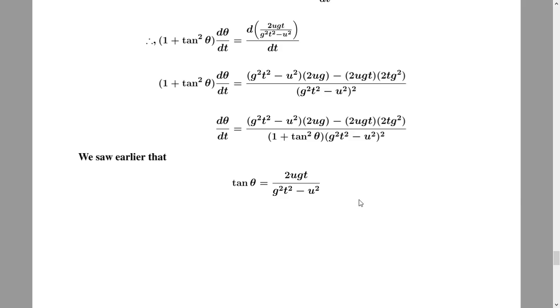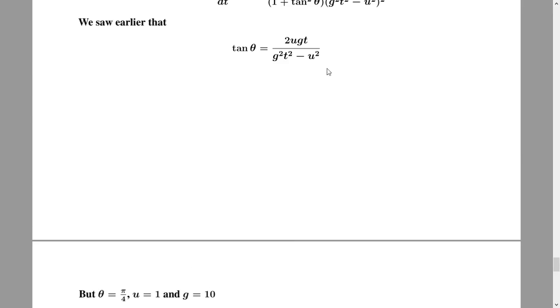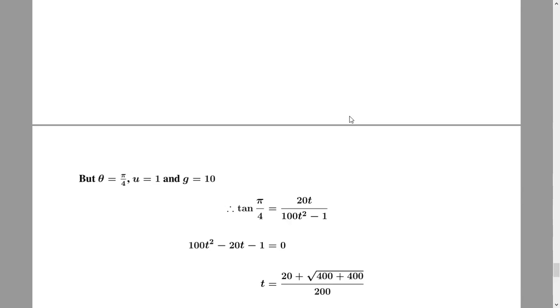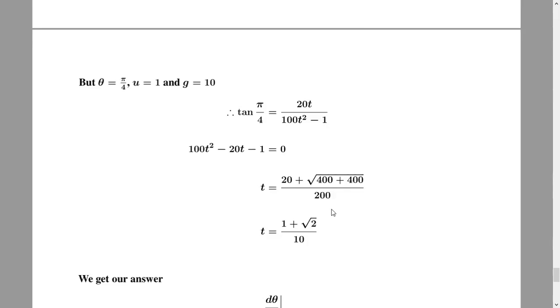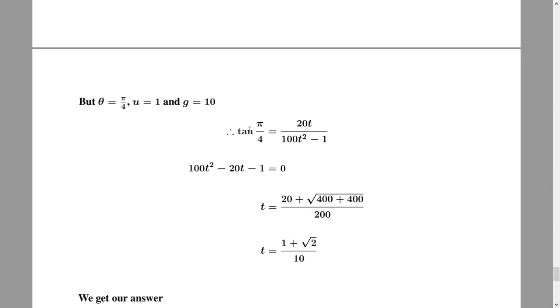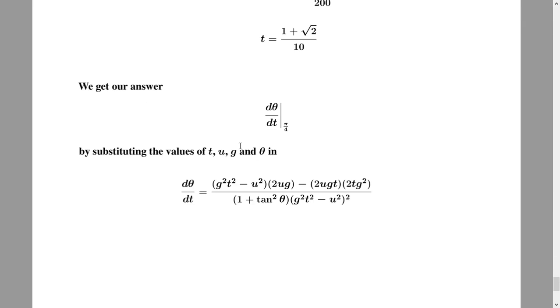And in the problem, we are told that theta equals pi by 4, u equals 1, and g equals 10. Substituting these values in this equation, you can get the value for t. Now you have the values of t, u, theta, and g. You can then perform all the substitutions in this equation here and get the value for d theta by dt when theta equals pi by 4.